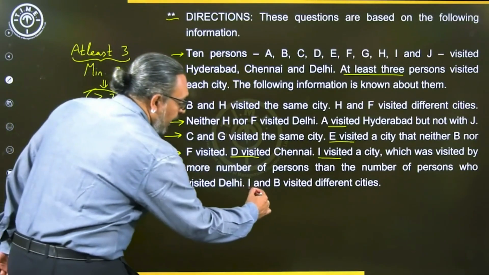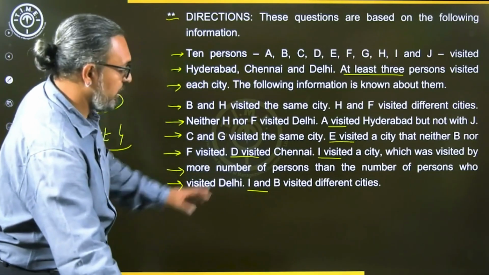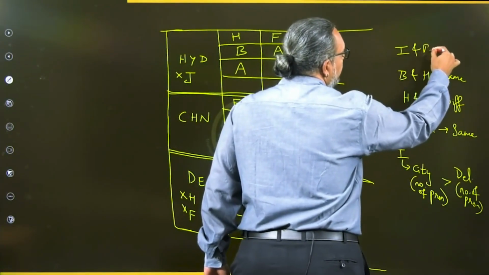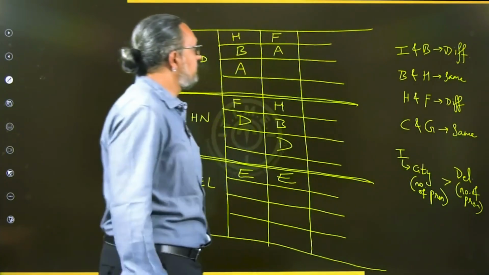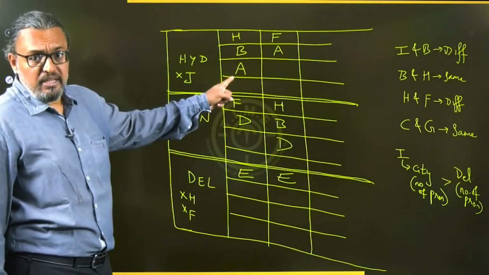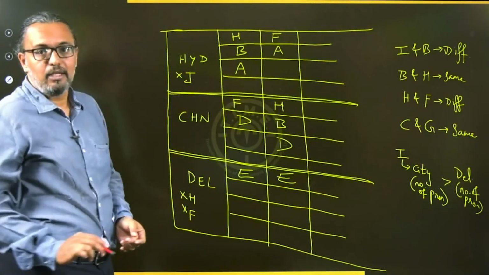Then he said I and B visited different cities. So now when B is here, I and B have to visit different cities, so you cannot have I in Hyderabad.